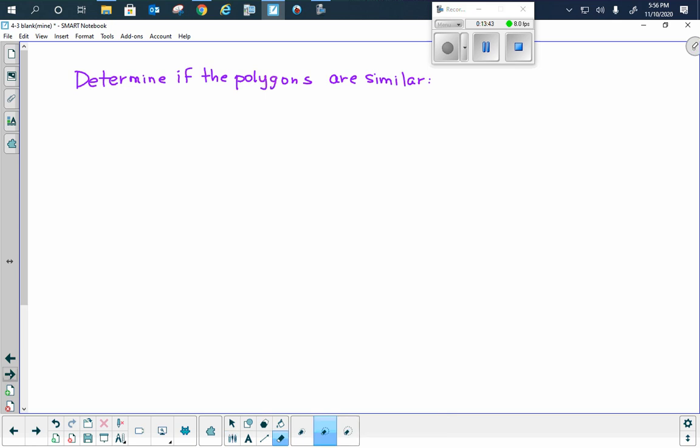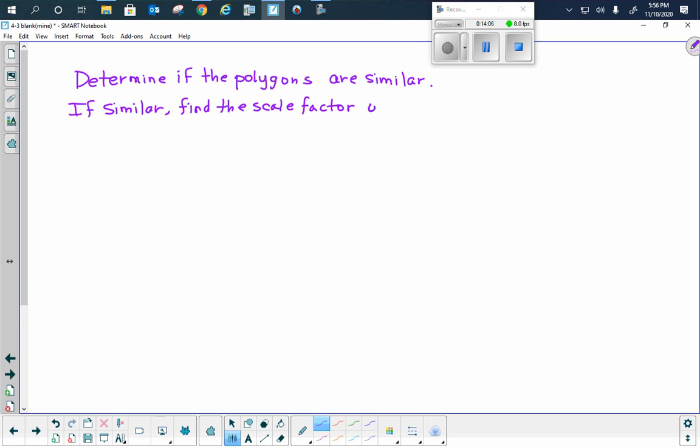And then if similar, find the scale factor of A to B. Okay, capital A to capital B.